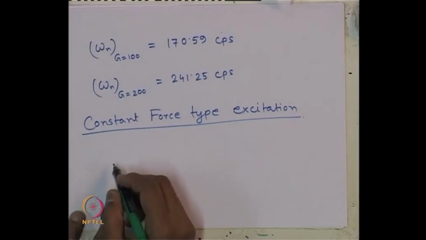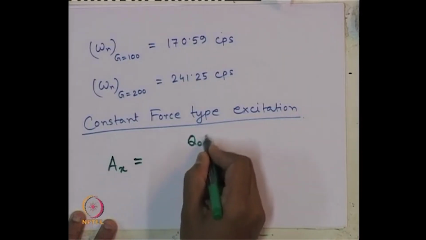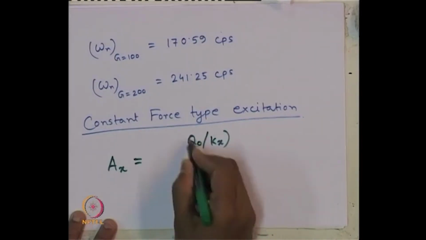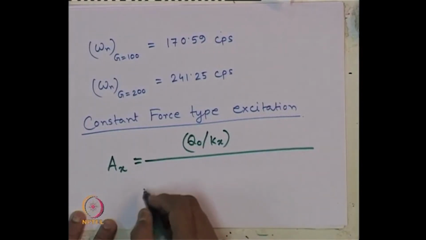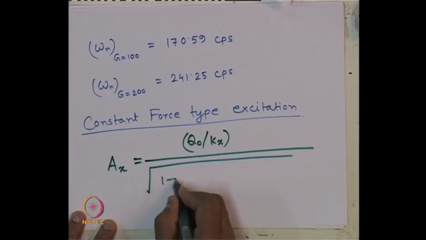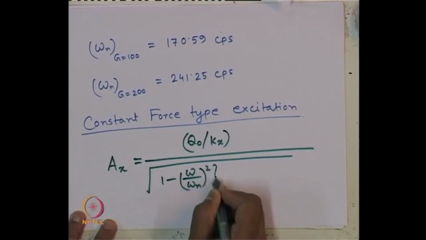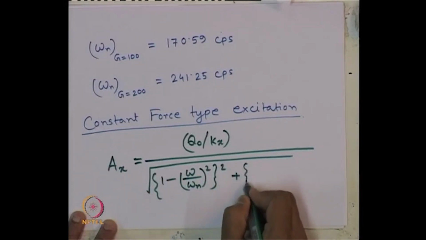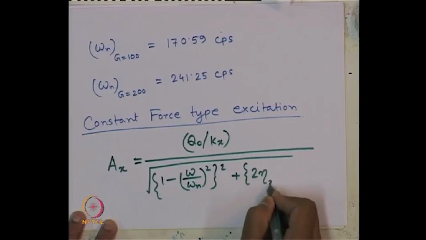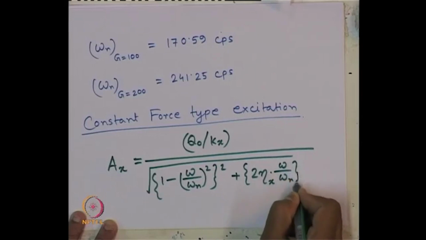The expression for A x will be q naught by k x by root over 1 minus omega by omega n whole square, that square plus 2 eta x omega by omega n whole square.